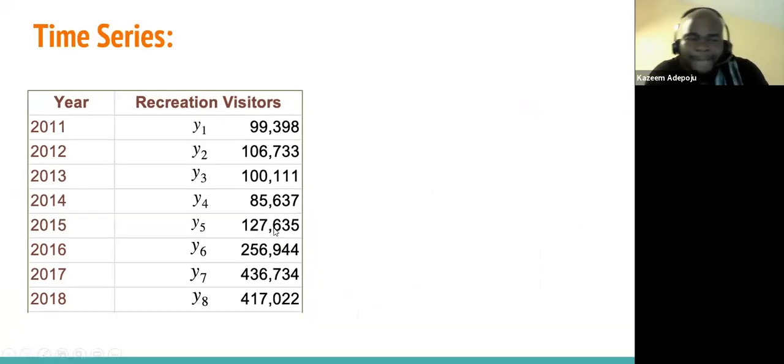Now, if we want to model a data set, I'm going to play with notation.